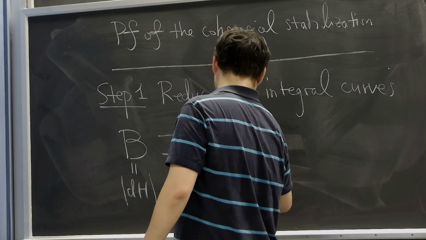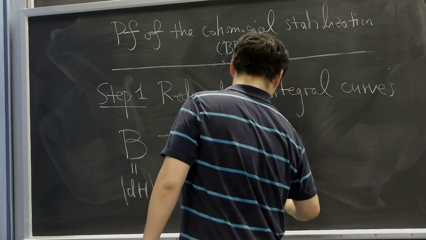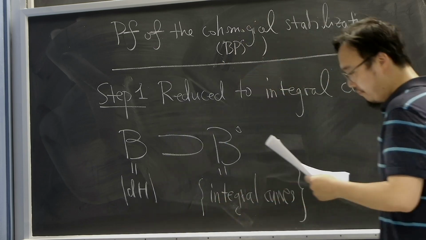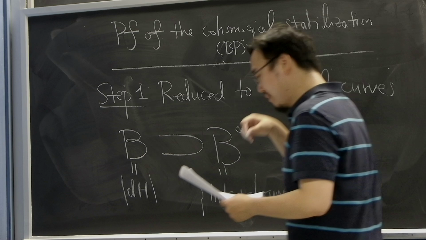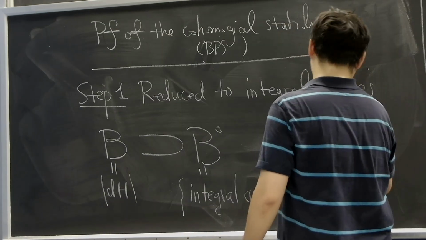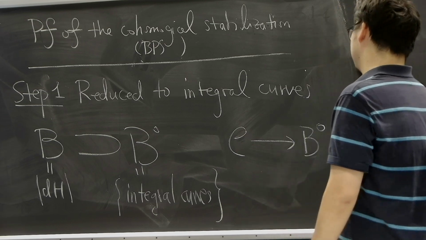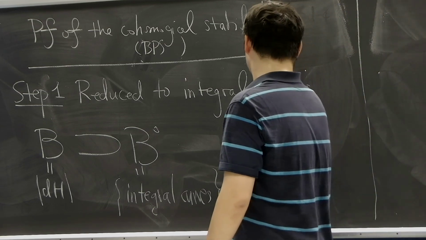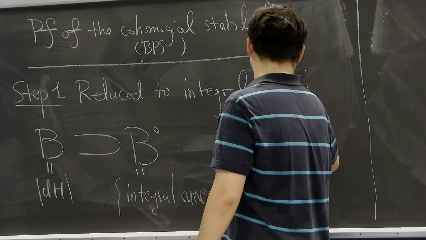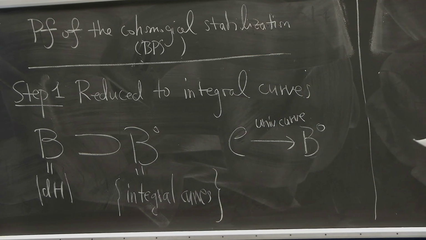By integral, I mean reduced and irreducible. Over it we have a universal curve, and I'm still using the same notation to denote the universal integral curve over B circle.